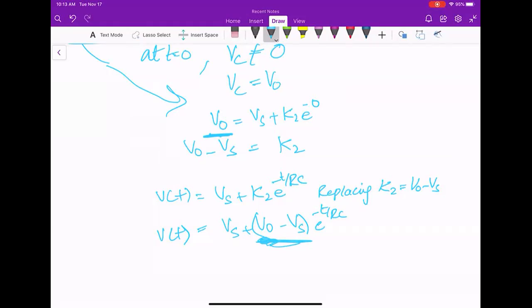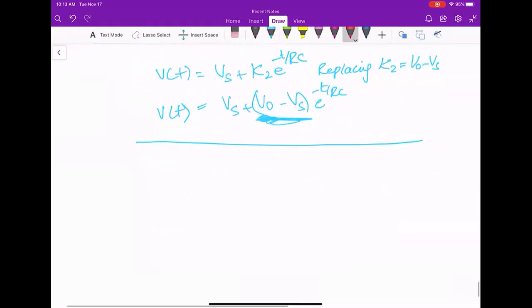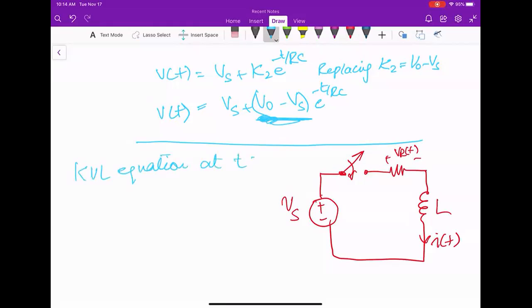So I will quickly go through now the inductor, so that if we have the similar situation for inductor, as we have said that we will talk about current through the inductor. For the similar situation, we will write a KVL equation at t greater than 0.